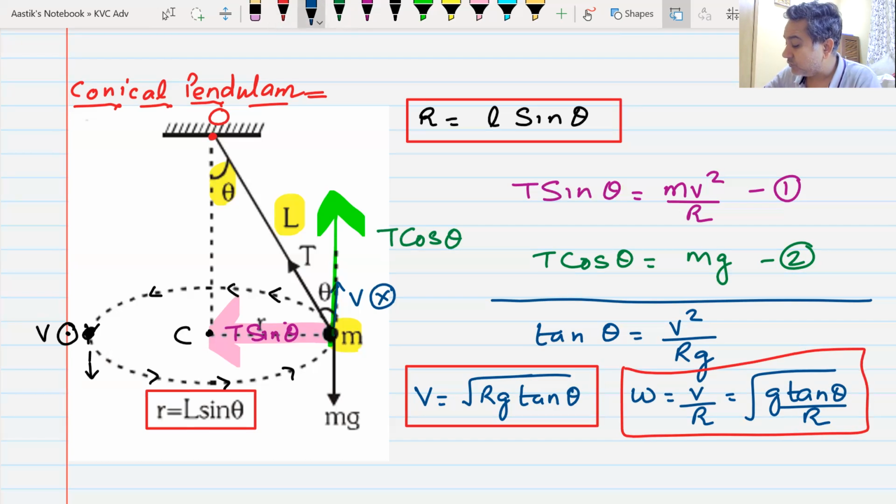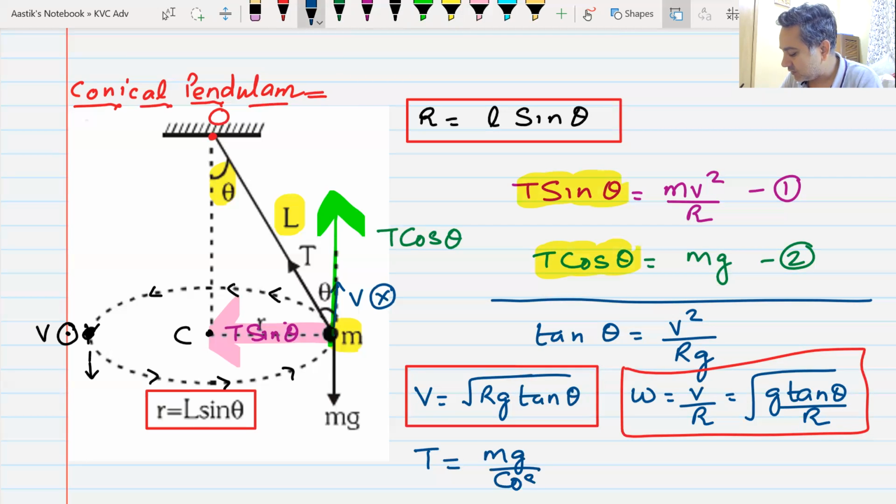Sometimes they might ask you the value of this tension. Now, can you tell me the value of this tension? mg by cos theta. Okay, that is also not wrong.